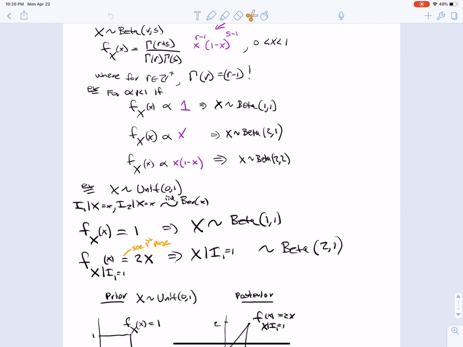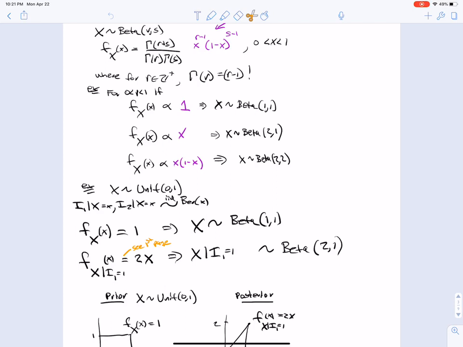So for example, if X is uniform 0, 1, we saw that the prior has variable part just 1, so X is a beta 1, 1. Of course, X is uniform 0, 1, which is a beta 1, 1.